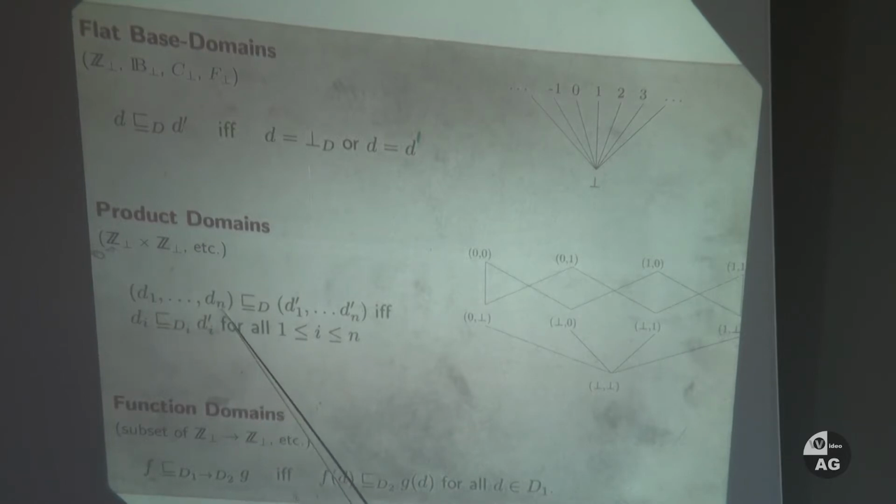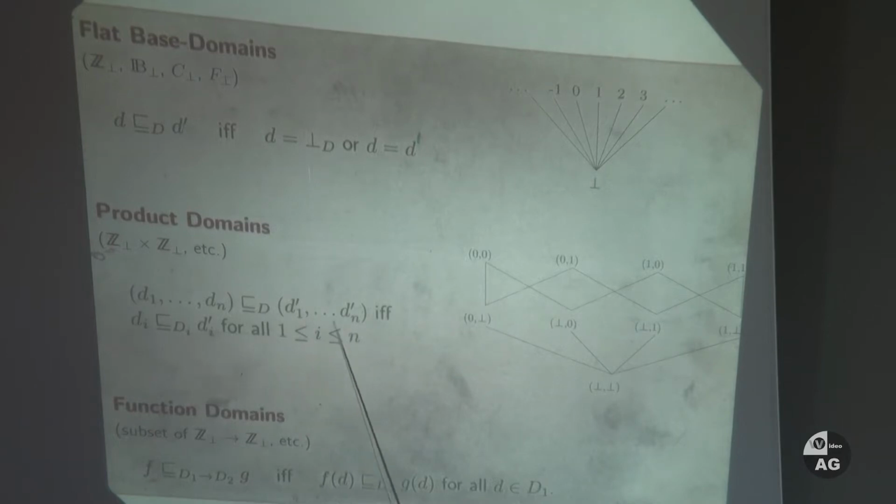A tuple of values d1 to dn is less defined or equal to the tuple d1 prime to dn prime if and only if this holds component-wise. So component number i in the first tuple is less defined or equal to component number i in the second tuple. And this must hold for all components, component 1, component 2, till component n.